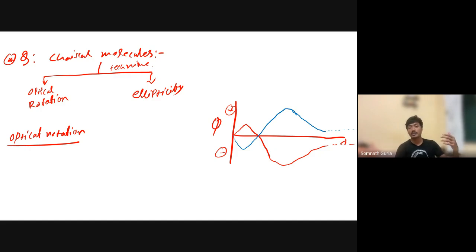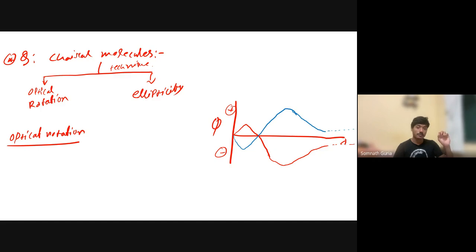We know the optical rotation is fundamentally defined by the different refractive index of the light in a solution phase by the molecules. Left-hand circularly polarized light and right-hand circularly polarized light will face different refractive indices, that is, they face different speeds of light.